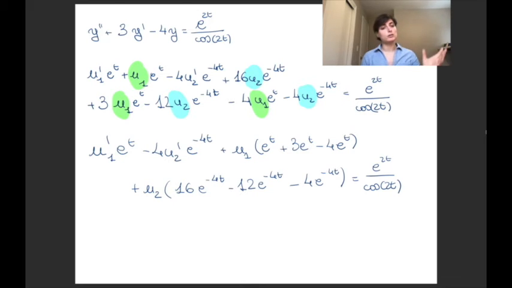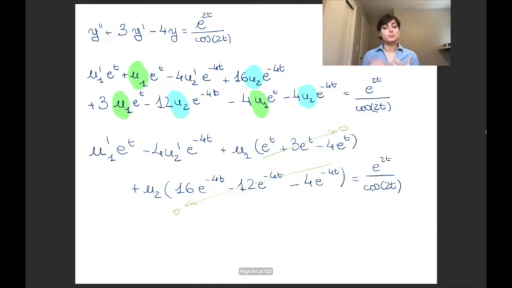So we retrieve u1' e^t - 4 u2' e^(-4t) plus u1 times (e^t + 3e^t - 4e^t) plus u2 times (16e^(-4t) - 12e^(-4t) - 4e^(-4t)). And all of this we want to be equal to e^(2t)/cos(2t).